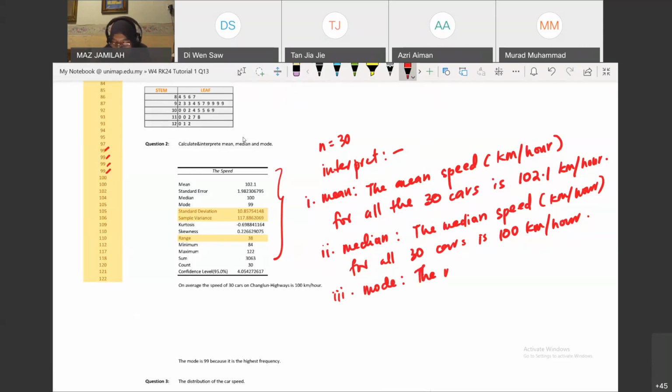You can simply copy the same exact answer. The mode speed of all 30 cars is what? 99 kilometer per hour.